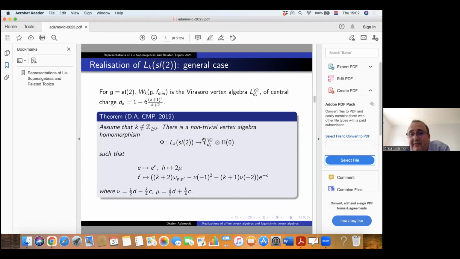In this SL2 case, the W algebra is commutative, so we can take any function of this commutative algebra, tensor with this pi zero Whittaker module, and at critical level we can get all standard Whittaker modules.